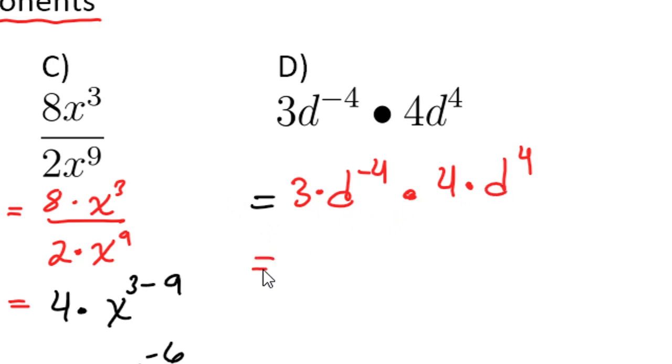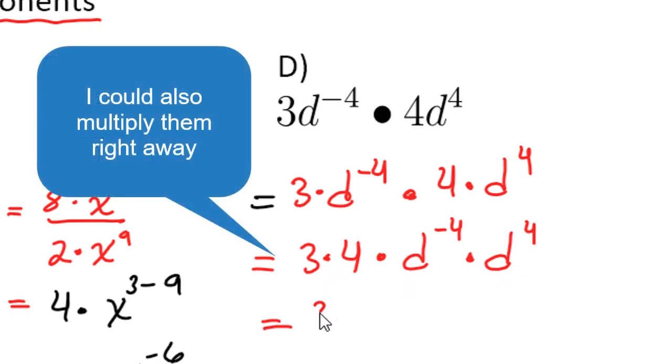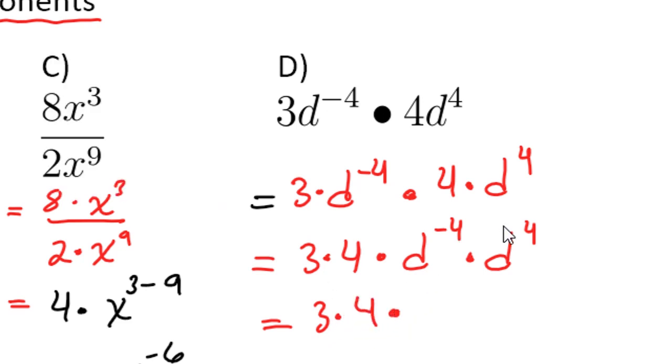So I could rewrite this and say I have 3 times 4 and then times d to the negative 4 times d to the positive 4th. I'm going to go ahead and keep this 3 times 4 times, and I'll go ahead and take care of this product of two powers that have the same base.